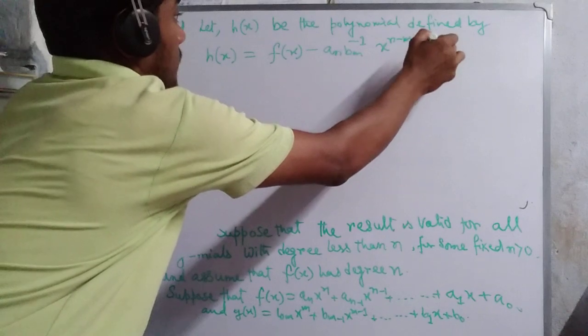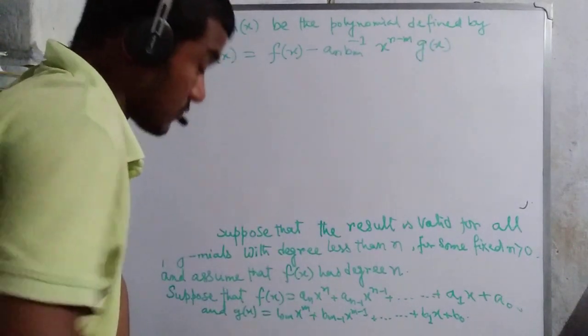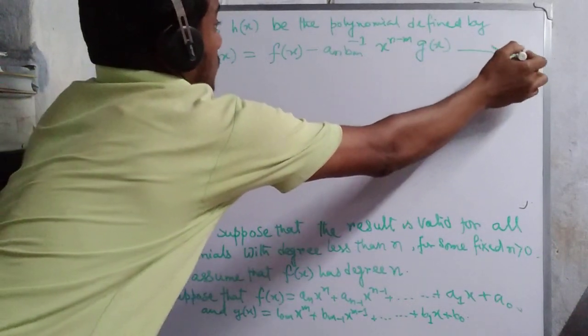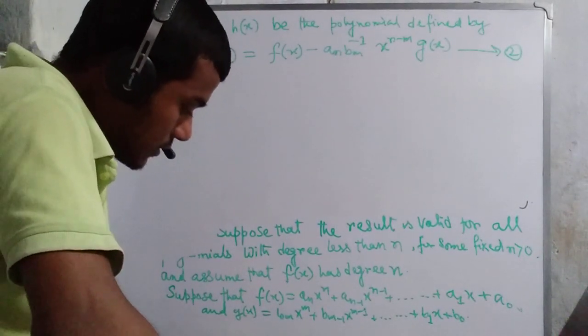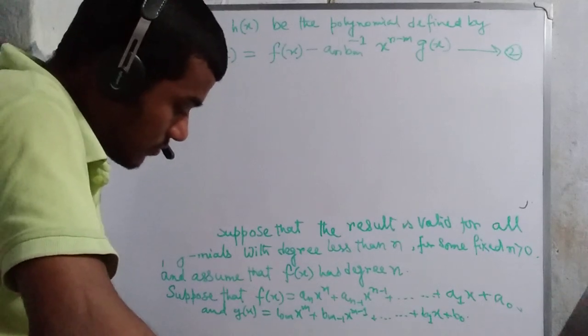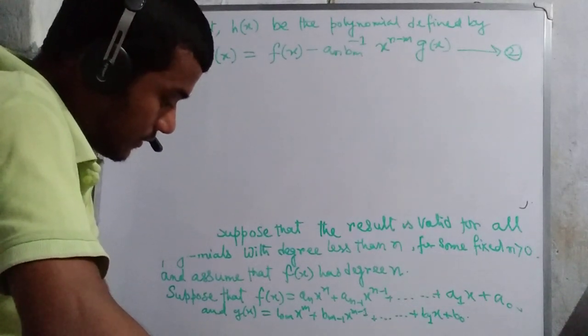Okay, then we mark this as 2. Then h(x) is a polynomial of degree less than n.